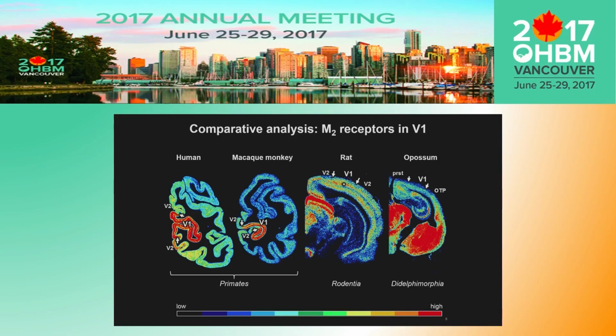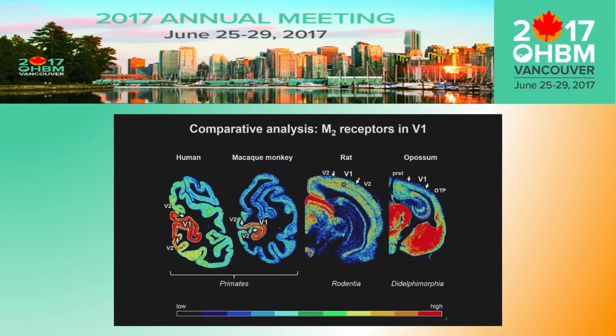If we move to the rat brain, we can see that the M2 receptors also clearly show the border between V1 and the adjacent cortex, but this time not due to overall differences in receptor densities, but only to changes which happen at the level of layer 4, which is highlighted by the asterisk in this slide.